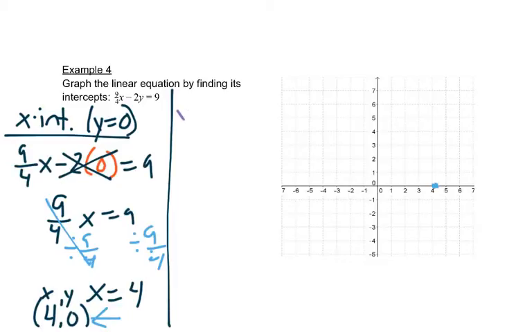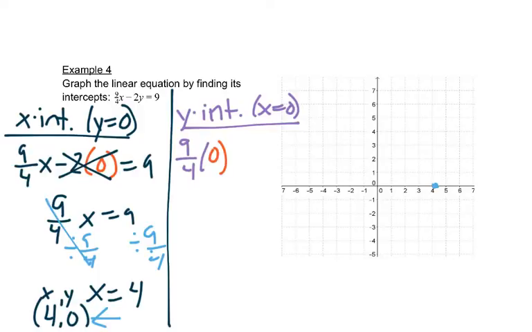So do the same thing with the y-intercept. We'll make x be 0. So we have 9/4 times 0 minus 2y equals 9. 9/4 times 0 is just 0. So we end up with negative 2y equals 9. We'll divide both sides by negative 2.